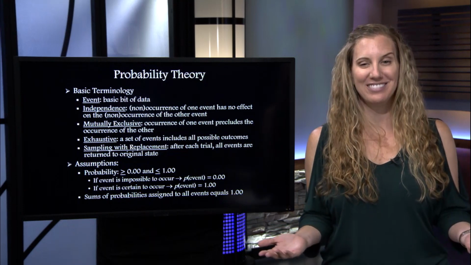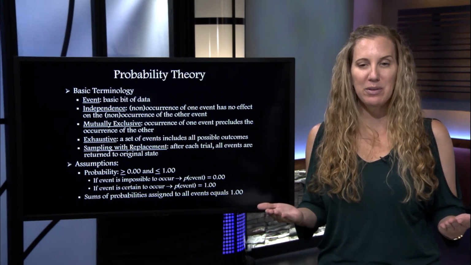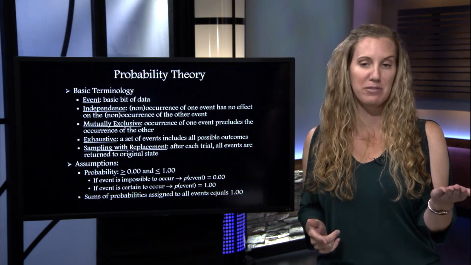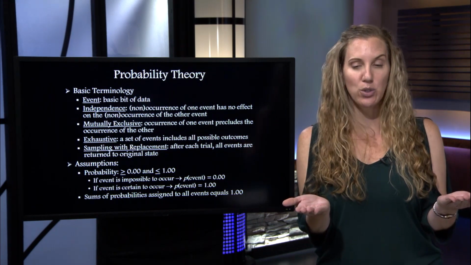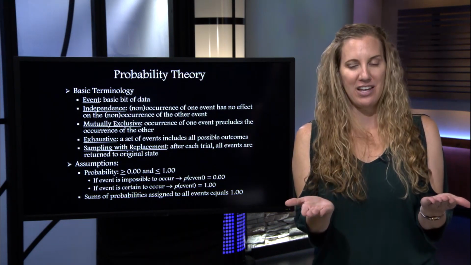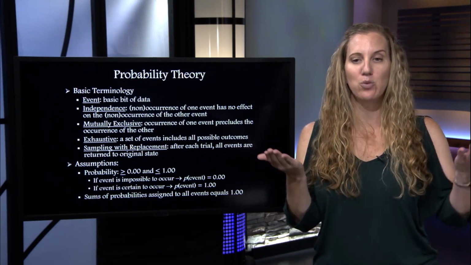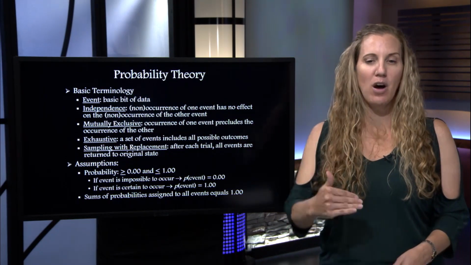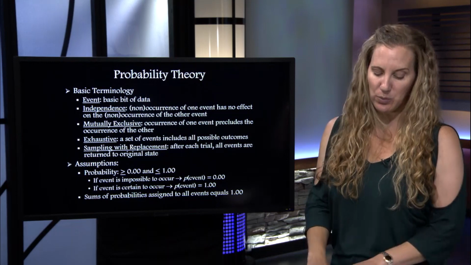If I have a coin and it's two-sided, what is the probability of me flipping a head? 1 out of 2, 50%. What is the probability of me flipping a tail? 1 out of 2, or 50%, right? 50% plus 50%, 0.5 plus 0.5 is 1.0 or 100%.